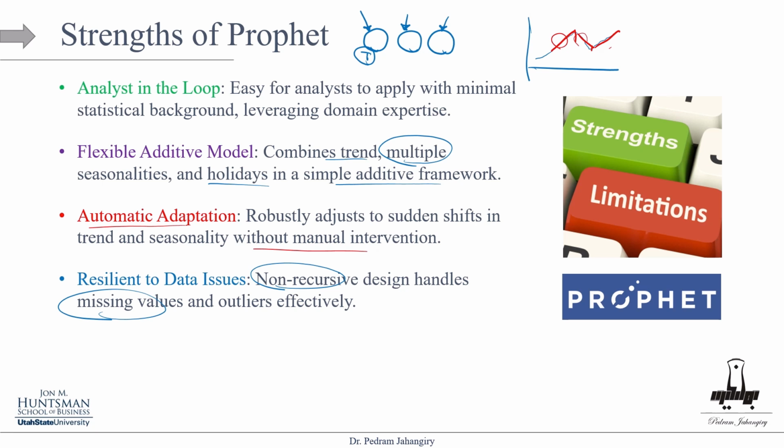But the plus side of the non-recursive structure of Facebook Prophet is that there is no lag value. So this means that if there's any missing data, we can just ignore it, because the different components are not depending on the previous observation. So if there's one missing value, we can just move on to the next one. So this is going to be a big advantage of using Facebook Prophet if your data set has lots of missing information.